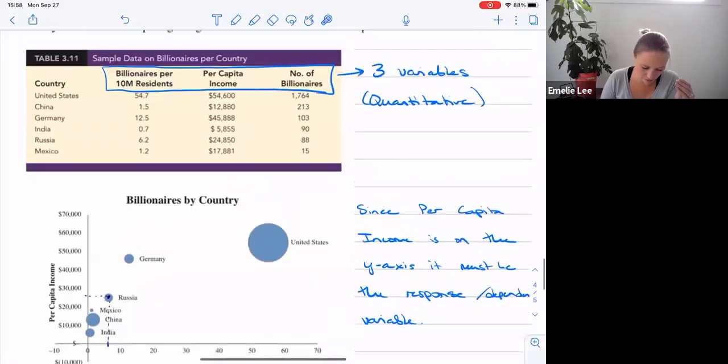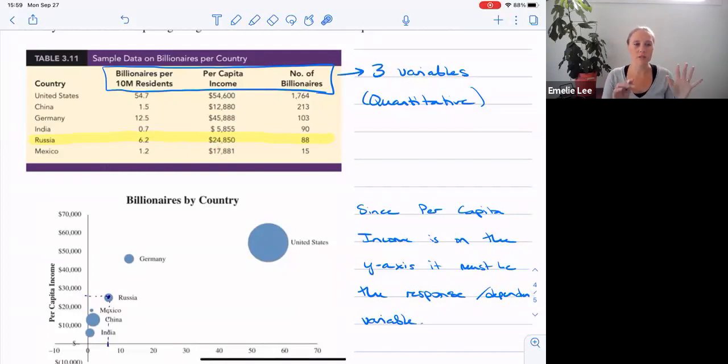So I can confirm using the table, right? Because I have Russia here. Turns out I was off a little bit, it's 6.2, but I don't have a very good scale to go off of, but that makes sense, right? And then if I go over to the y-axis, which is the per capita income, it looks like it's about 25,000, whereas here I can confirm it is 24,850, okay?